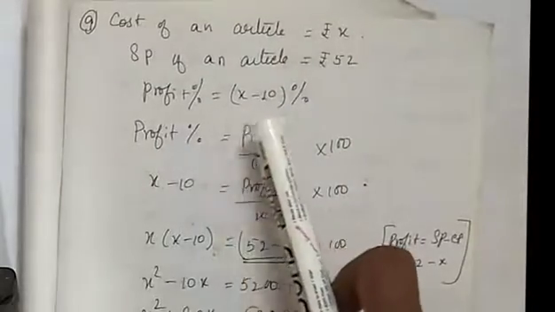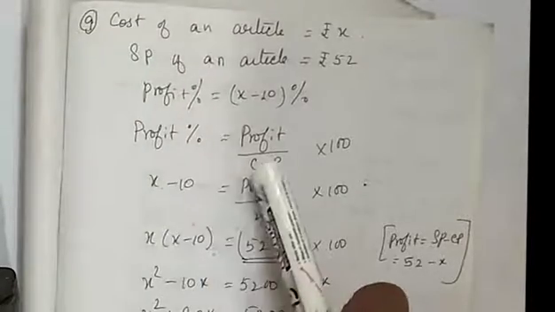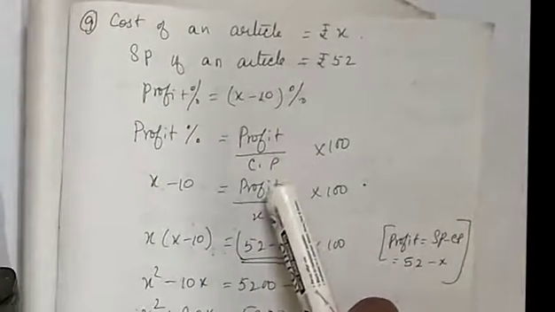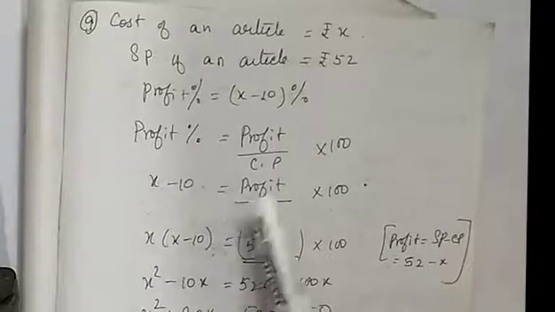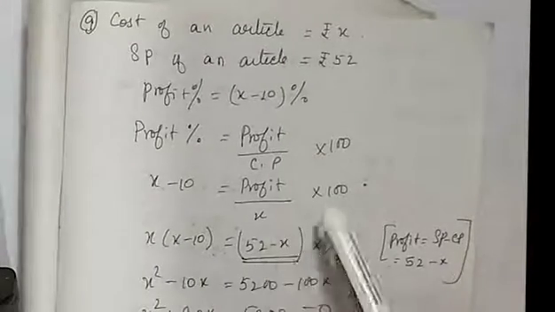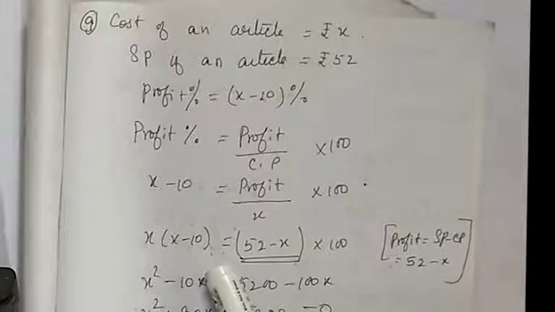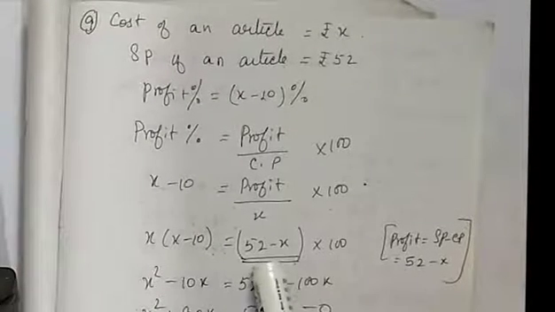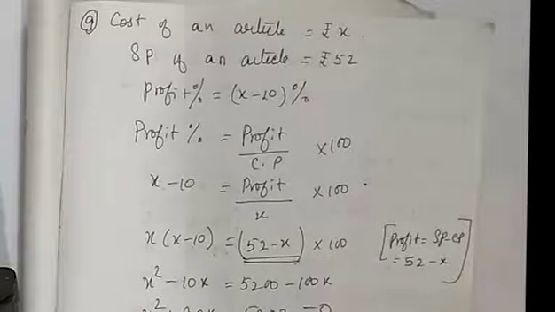Profit percentage given x minus 10%. And we know profit percentage is equal to profit upon CP into 100. So write x minus 10 is equal to profit upon x into 100. So x into x minus 10 is equal to 52 minus x into 100.